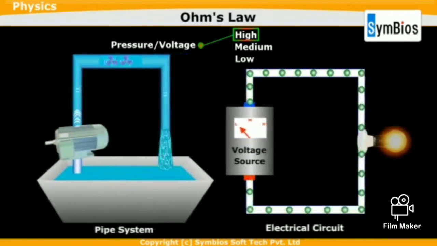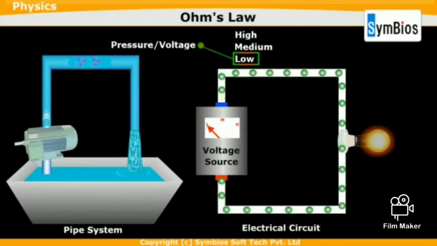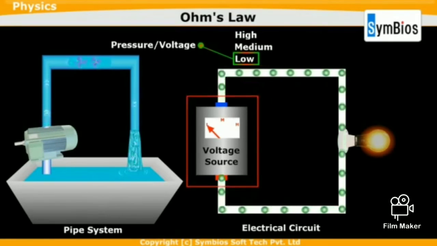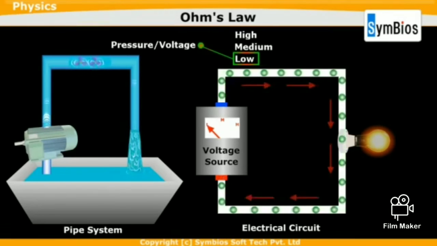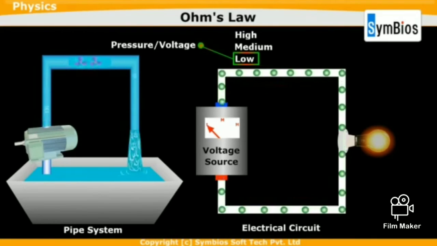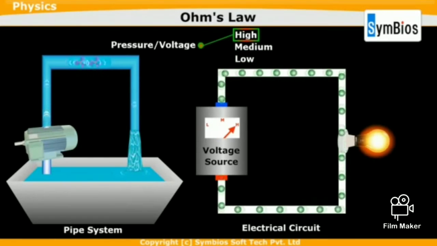Now, let us see the similar phenomenon in the electrical circuit. In a circuit, the voltage across the conductor causes pressure on the charges and pushes them to flow in the circuit. This flow of charges is what we call a flow of current in the circuit. When the voltage is increased, it causes more pressure and the rate of flow of charges in the circuit increases.